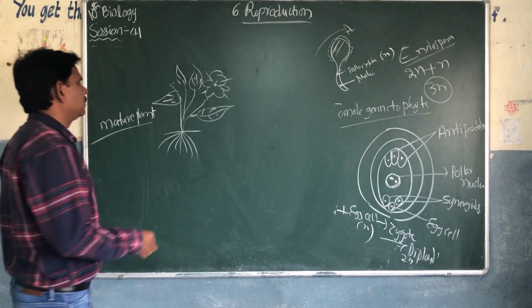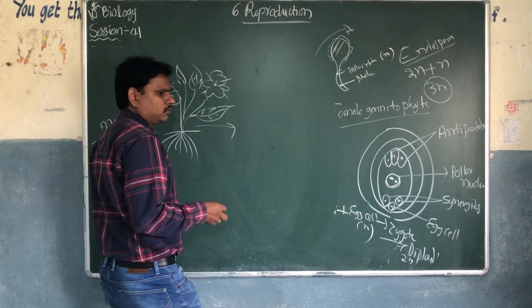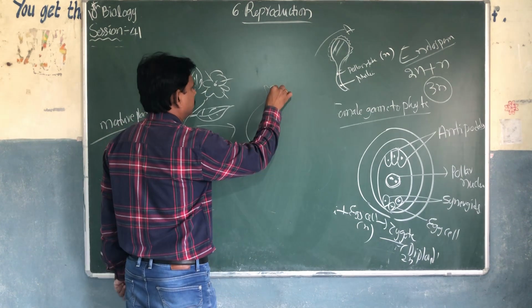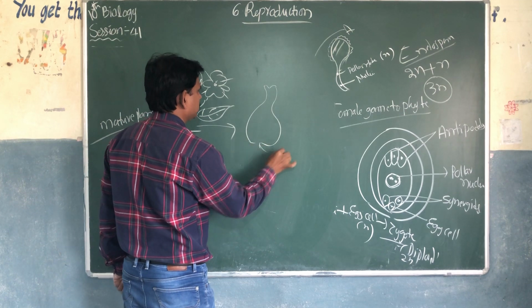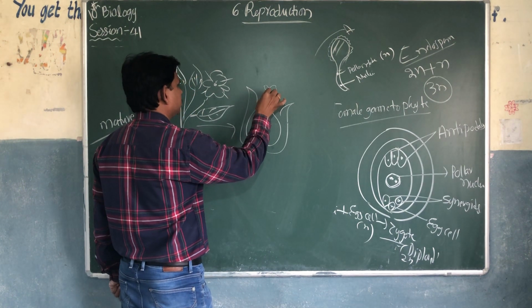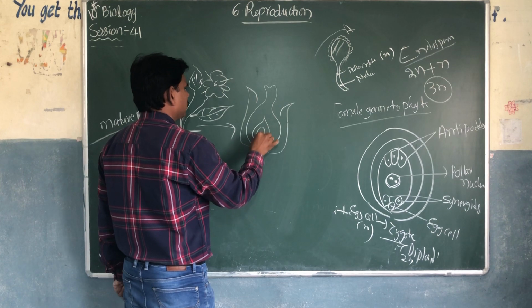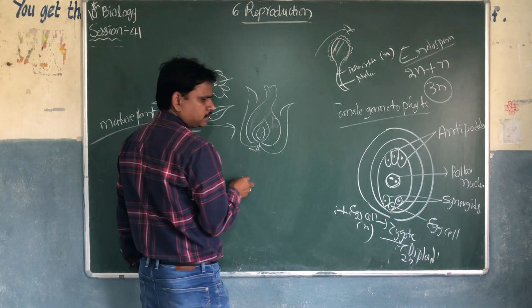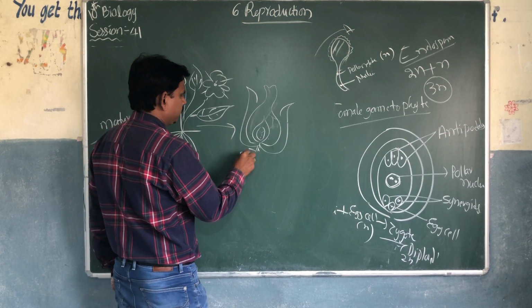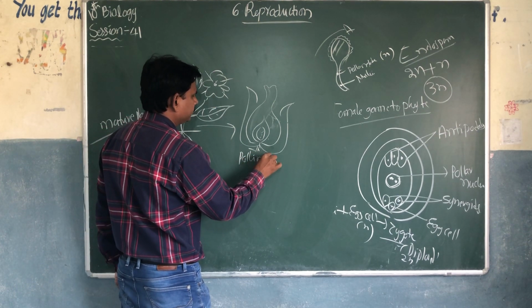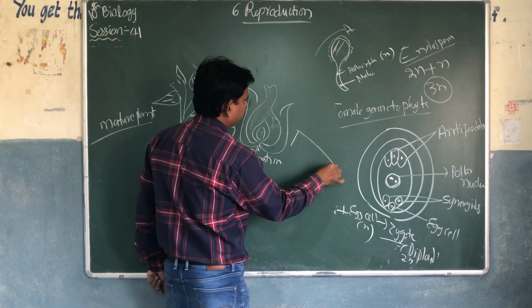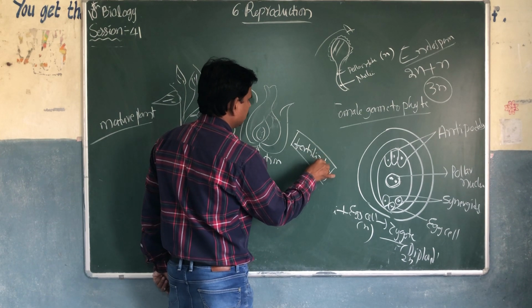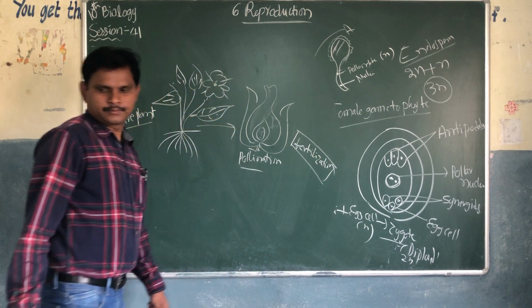Mature plants start bearing flowers. They have the ovary and everything. Pollination takes place when the flowers start growing, then fertilization takes place.